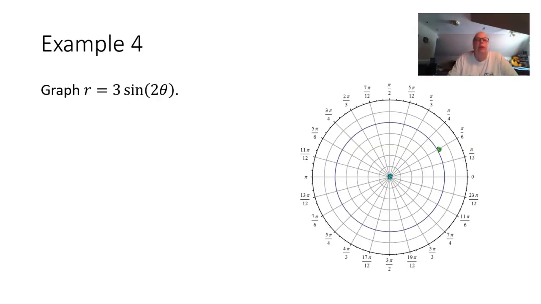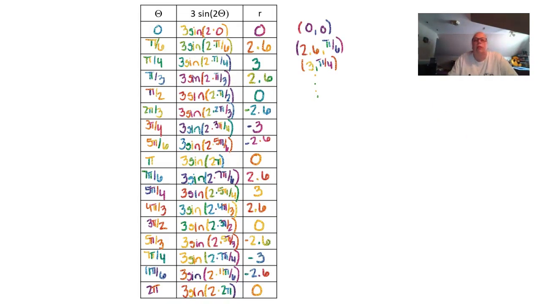Pi over 4 and 3. 1, 2, 3, 4, 5, 6. Pi over 4 and 2.6.